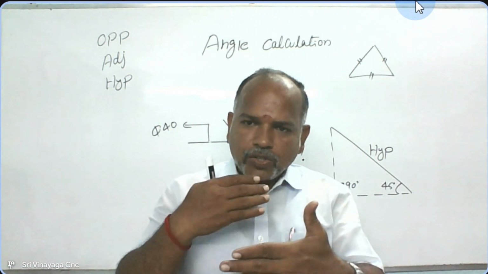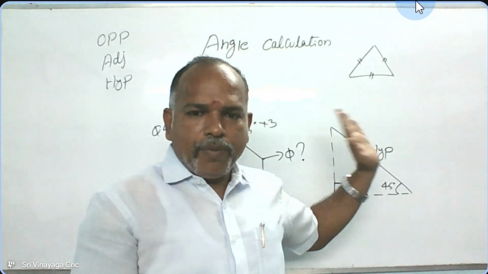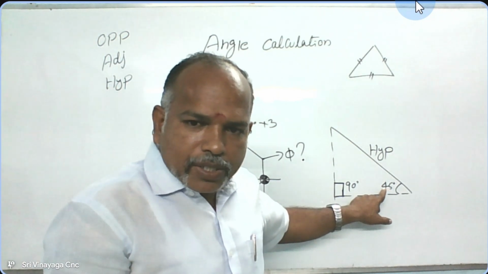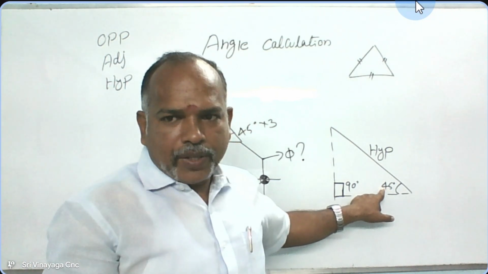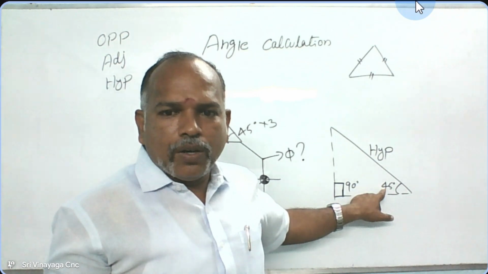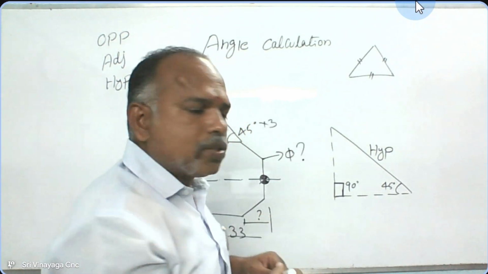The concept of the right angle triangle: the longest side will be hypotenuse, and then we'll say theta, sin theta, cos theta, tan theta. For theta as 45 degrees, the side opposite to it is known as the opposite side.